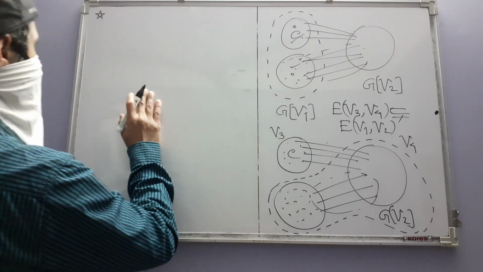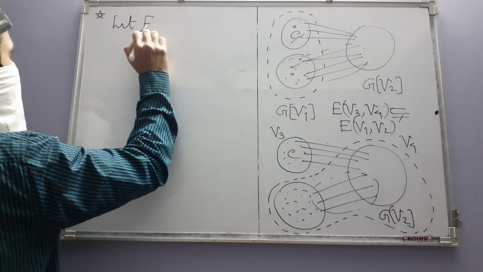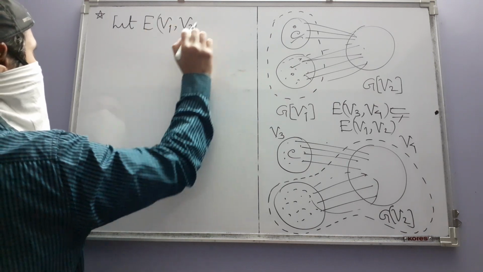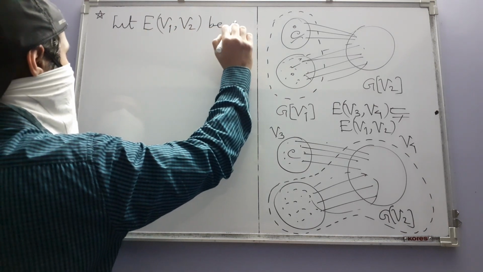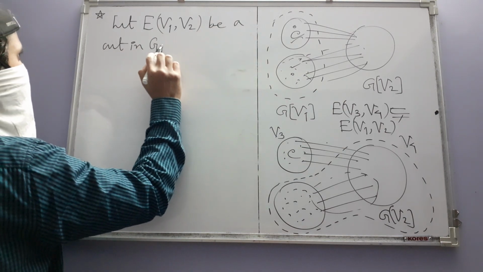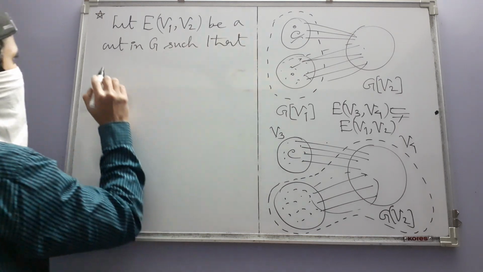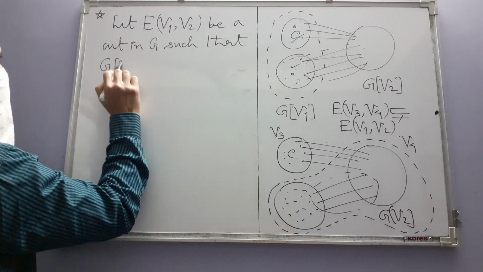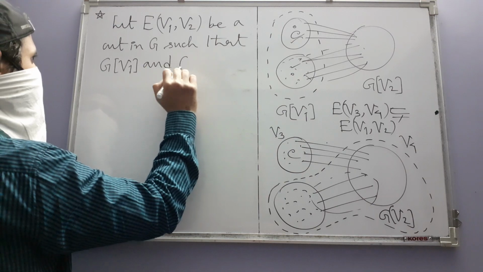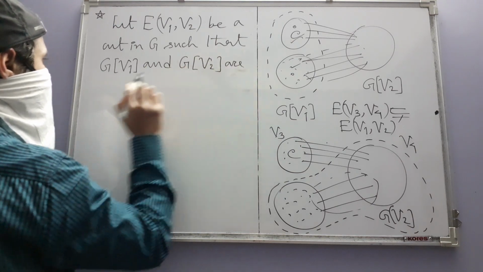Now the other half goes like this. Let V1, V2 be a cut in G such that these induced subgraphs are connected.